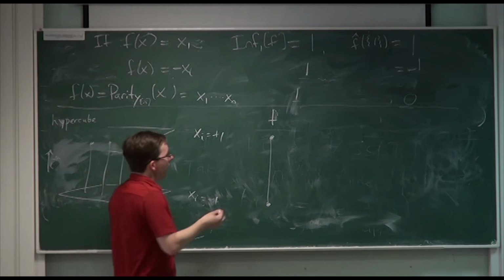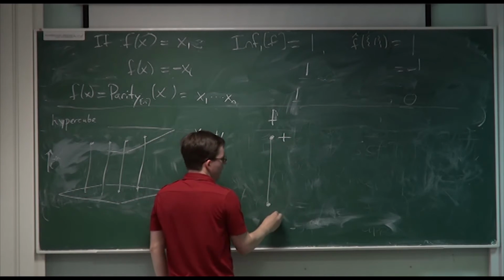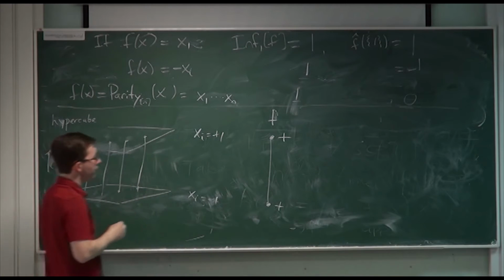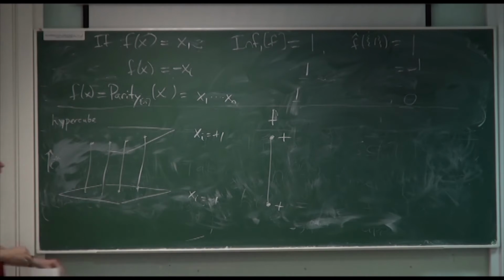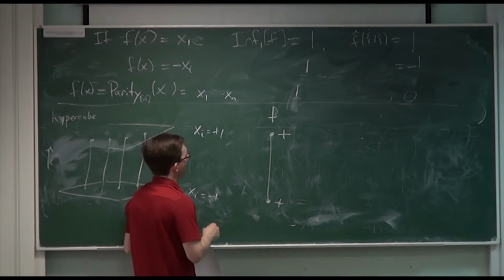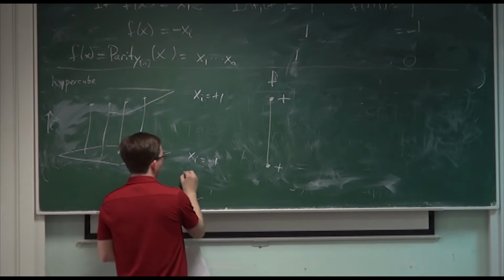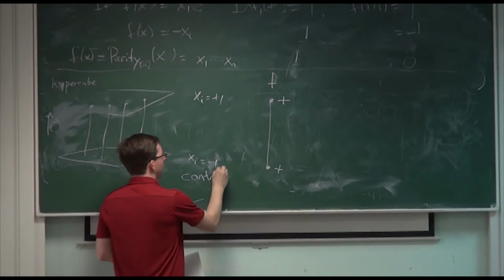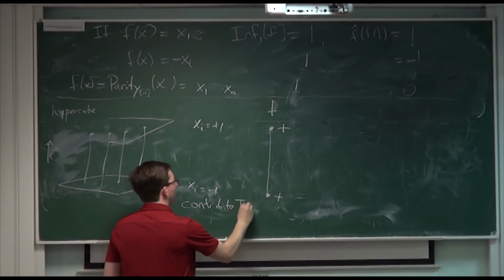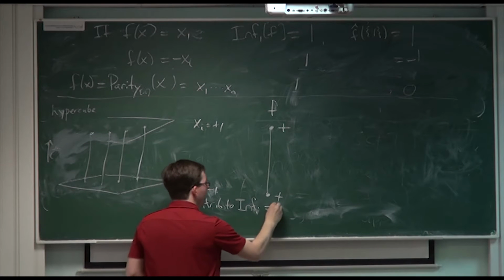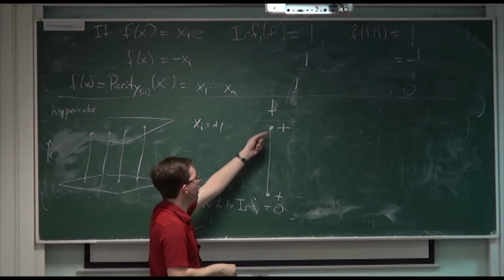In any case, sometimes f's value is plus on this point, and it's also plus on this point. And in that case, the contribution to the influence is 0, because these have the same values.